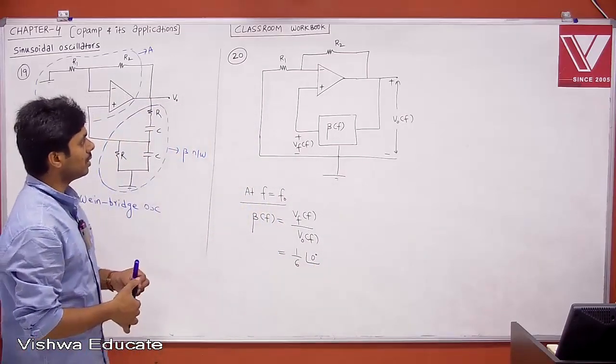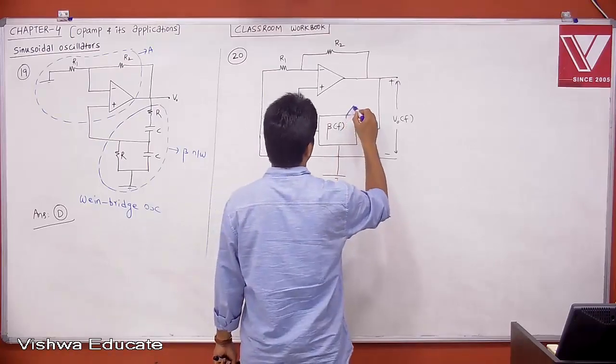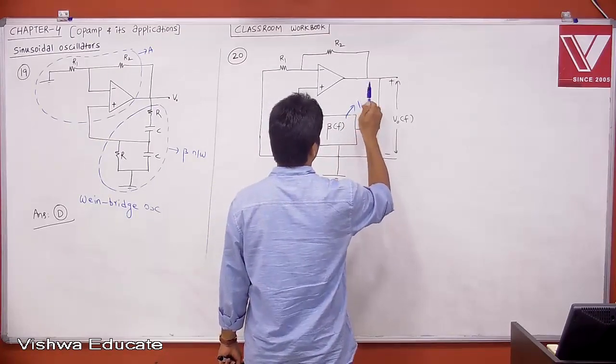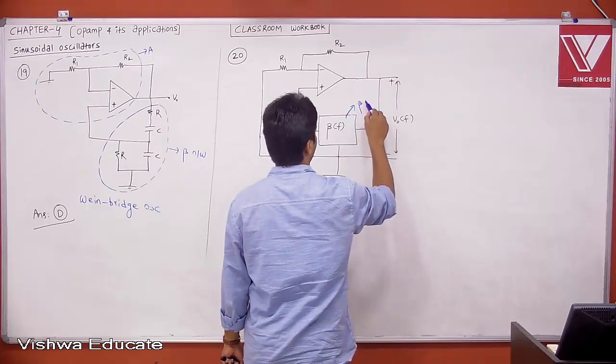Therefore, what does it mean? This is your beta network having 0 degrees phase shift.